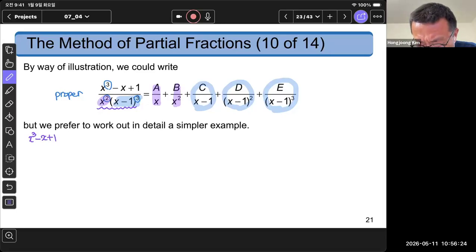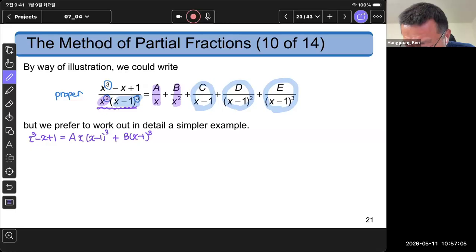On the right, if I multiply this term, then first the 1x will be canceled when the first term is considered, so you get a times x remains, and we still have x minus 1 cubed, plus, when I multiply the x squared and x minus 1 cubed on the second term, in this case x squared will cancel out, so you get b times x minus 1 cubed.